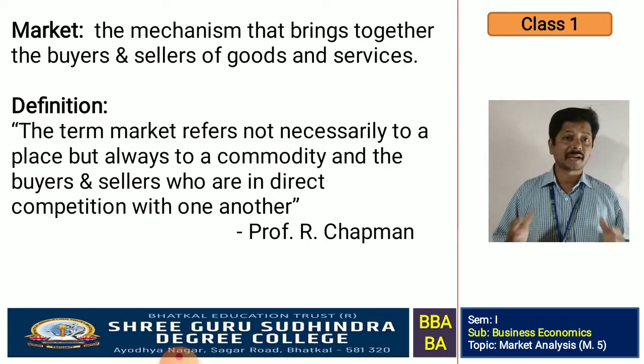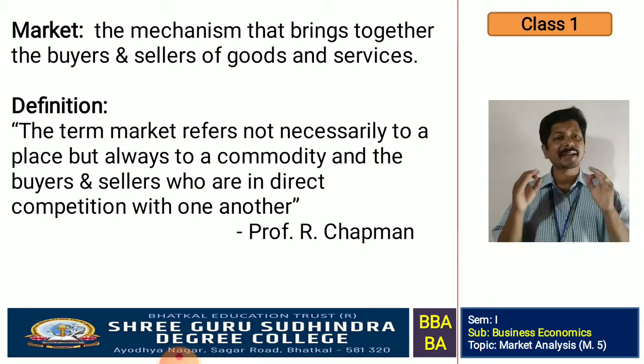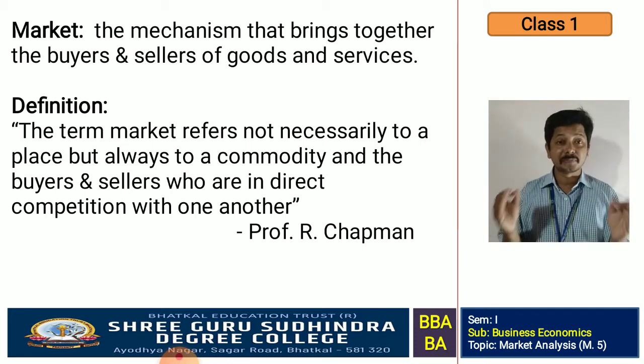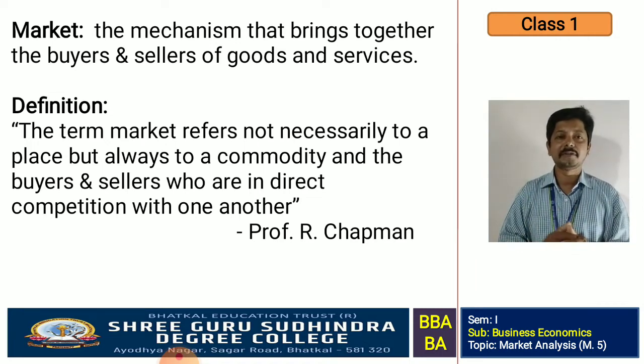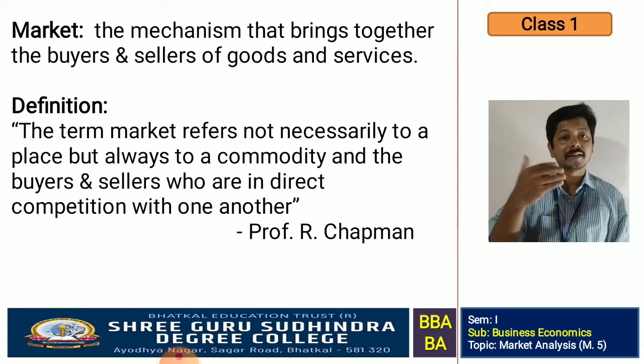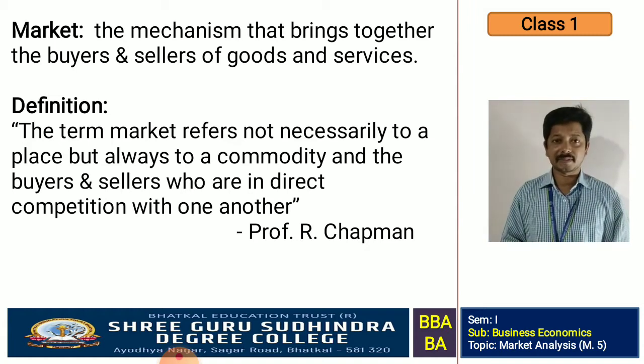Market is a mechanism that brings together both buyers and sellers of goods and services. Market means a mechanism which brings together both buyers and sellers to exchange goods or services by making a payment, right?